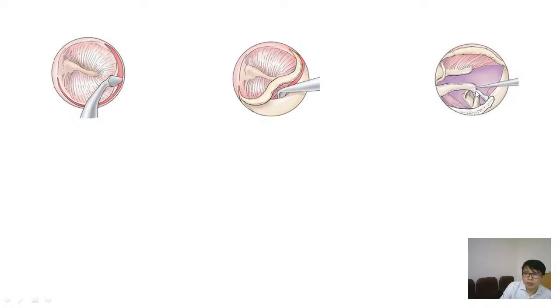After that, we dislocate the long process of the incus from the stapes head, and then we cut the stapedius tendon. Then we cut the posterior crura, and the anterior crura can be fractured, because the posterior crura is thicker than the anterior crura of the stapes.